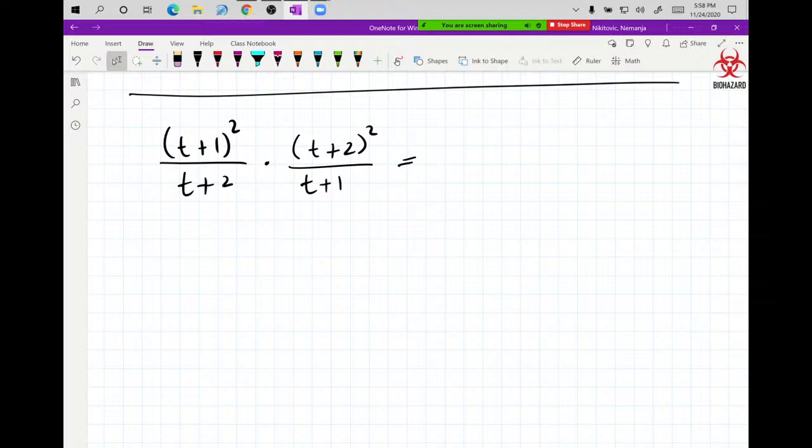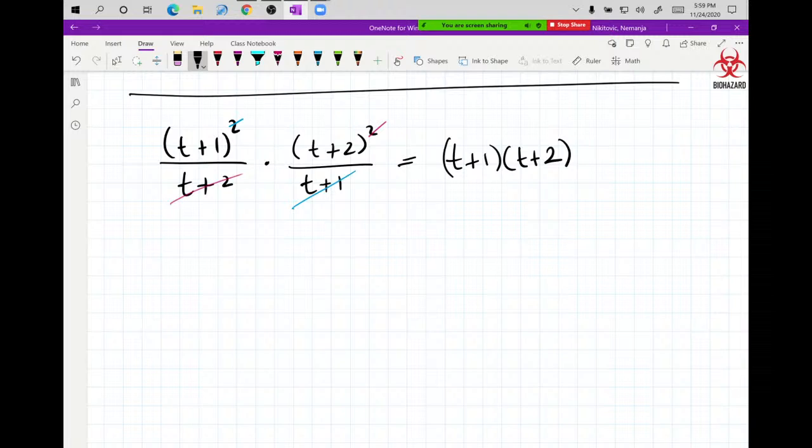There's nothing to do other than say, okay, it's t plus 1 over t plus 1 times t plus 2. That's it. The denominators canceled completely in this case.